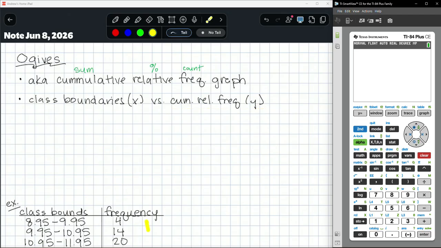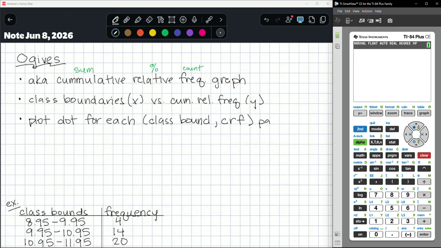We're taking what we had before and we're changing it. Instead of bars, we are going to make a dot for each of those class boundary cumulative relative frequency pairs. And then, just like the frequency polygon, we're going to play connect the dots at the end of this process.